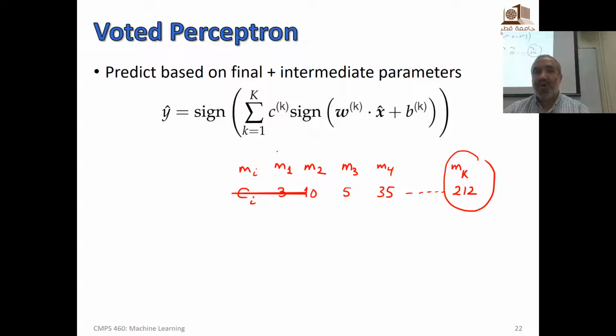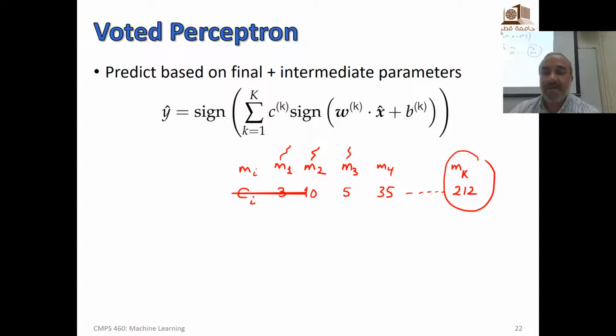Okay? So in prediction, we will get the prediction of M1. The prediction of any model will be either 1 or minus 1, positive or negative. We'll assume here that it's 1 or minus 1. So whatever the prediction of M1 is, we will multiply it by 3. And we also check M2. We get its prediction multiplied by 10.